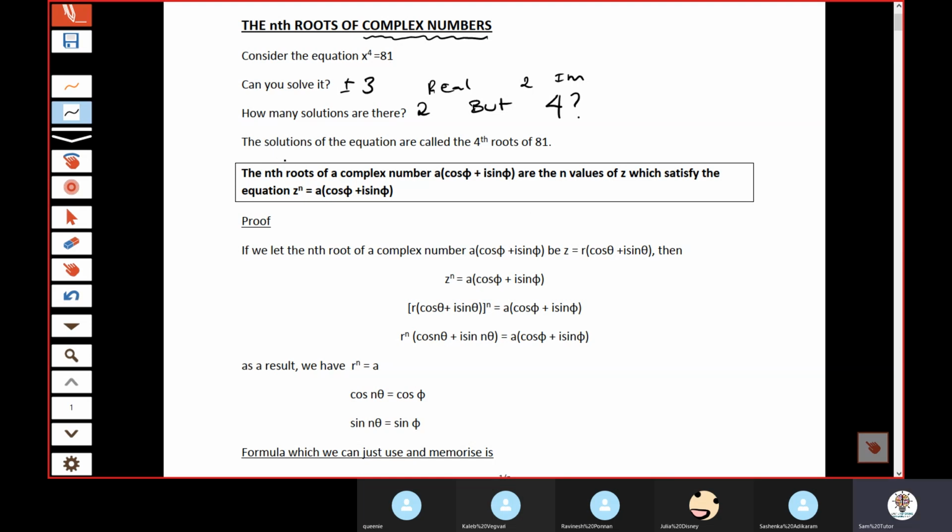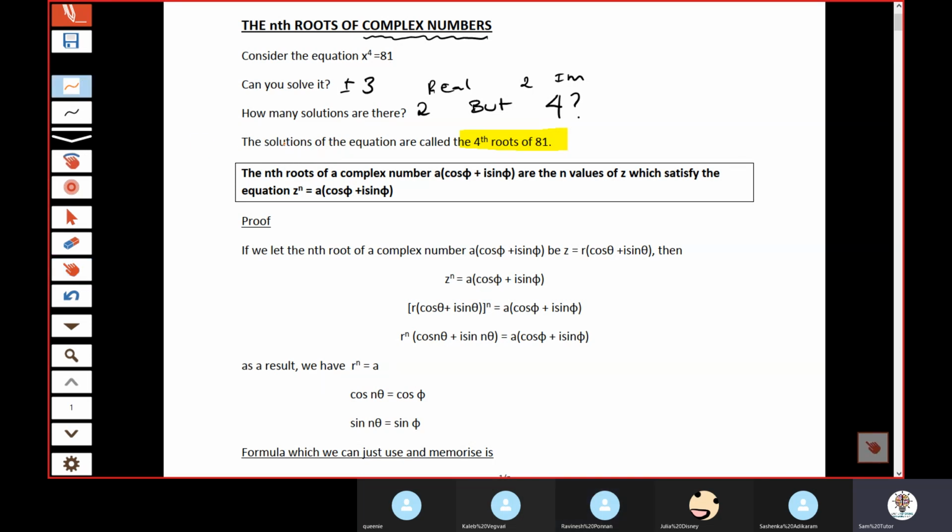Okay, terminology to get used to. The solutions of the equation are called the fourth roots of 81. Very important because that's how you're going to see it. Fourth roots of 81. What other words have we usually used for solutions of solving things?